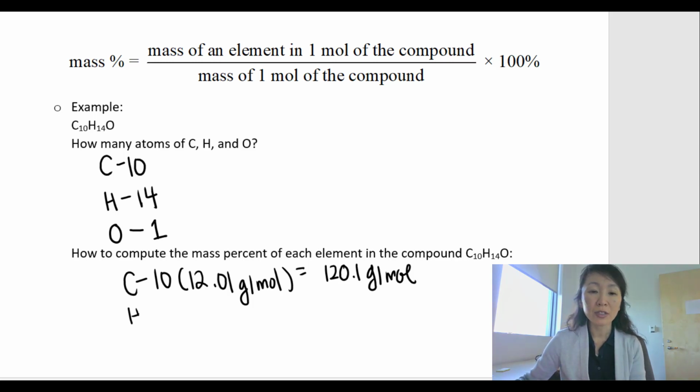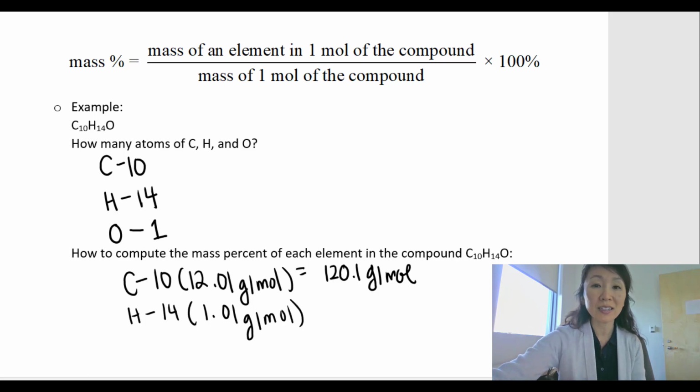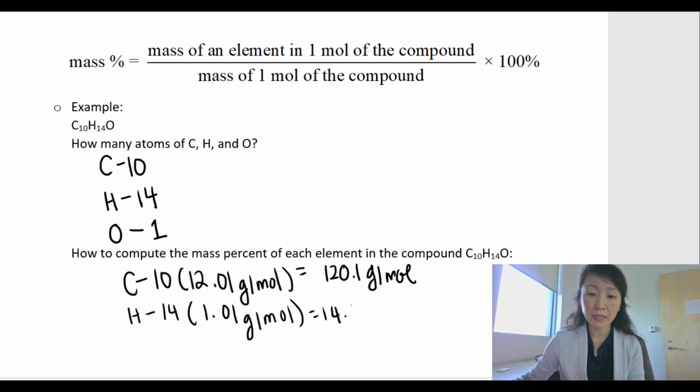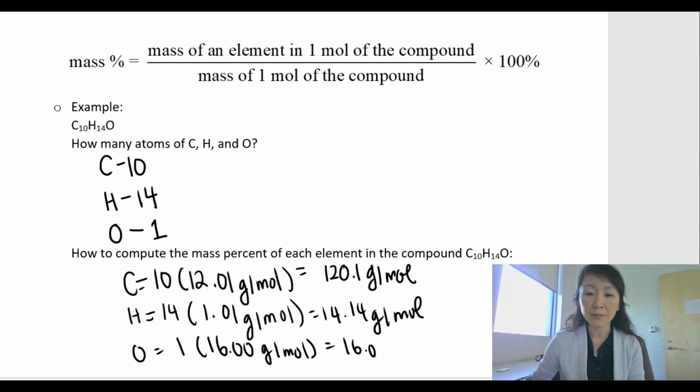What about hydrogen? There are 14 of them, and the molar mass for hydrogen is 1.01. If you multiply 14 times 1.01, you should get 14.14 grams per mole. For oxygen, there's just 1 of them, so 16.00 is the molar mass, and hence 16.